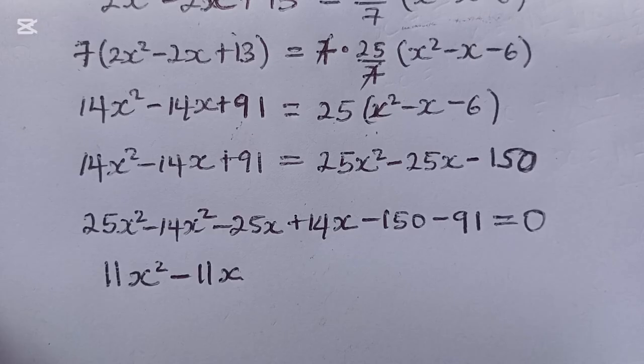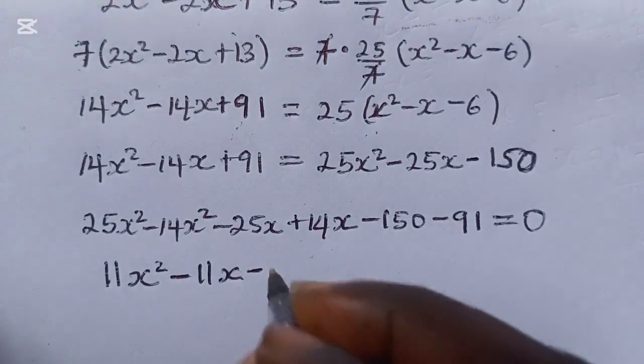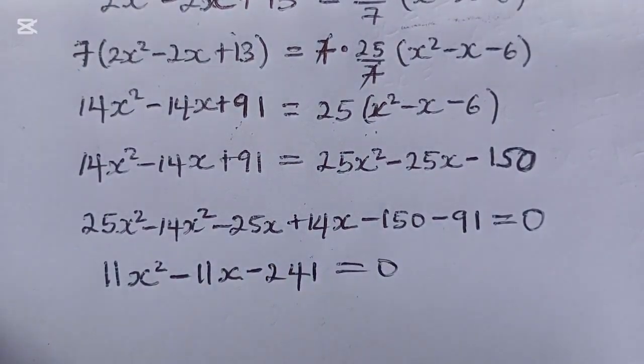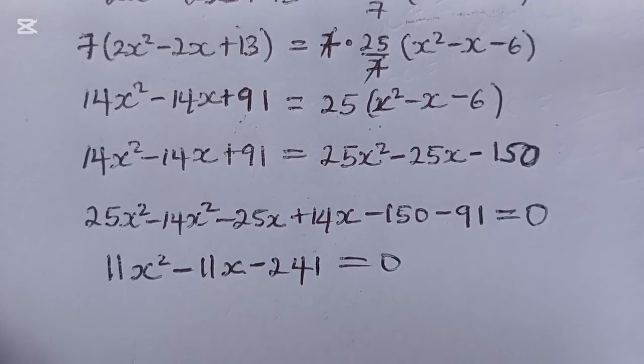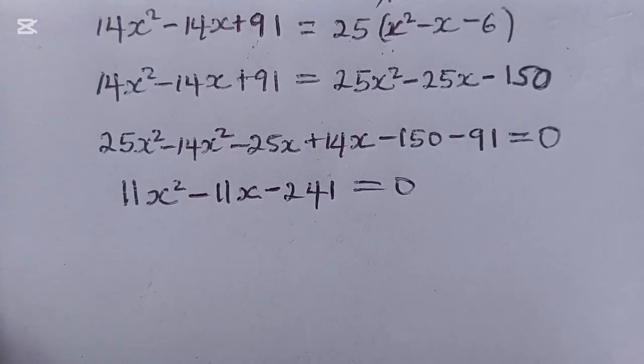So we add together, we have minus 241 equals to 0.